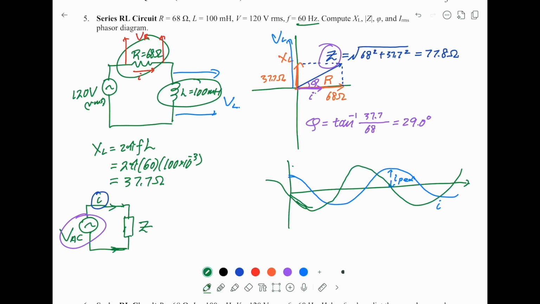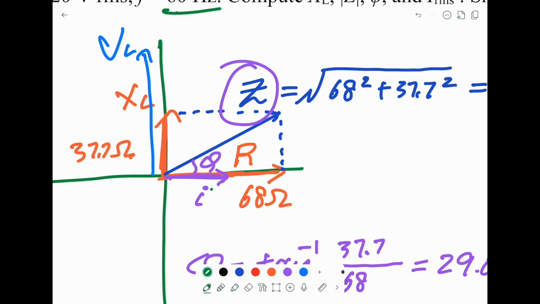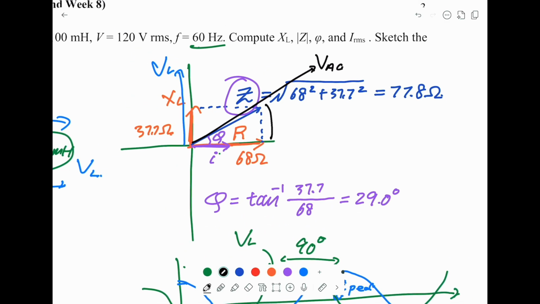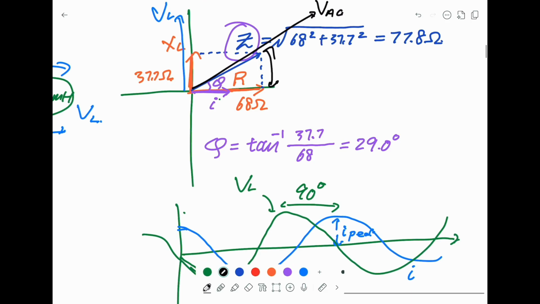So this is the voltage across the inductor, and the blue one is the current passing through the resistor. Now the AC source voltage, which is along the complex impedance, is VAC. They must be along it, and so this angle is what we found, 29 degrees.